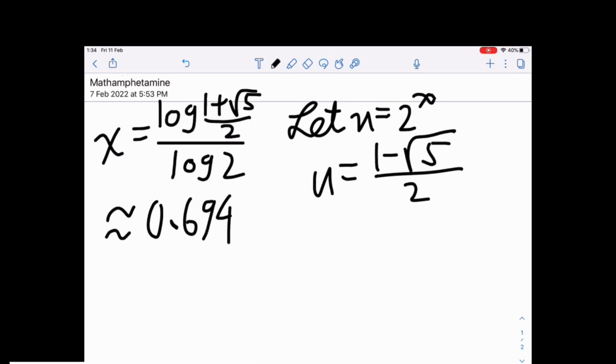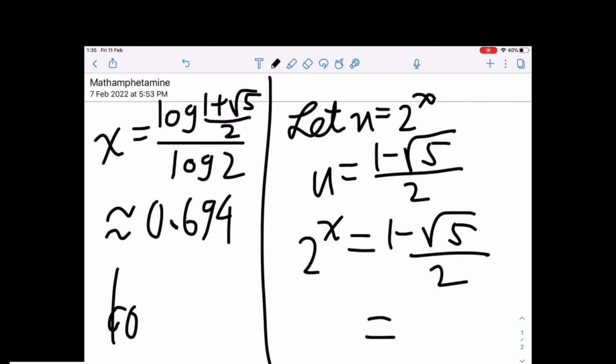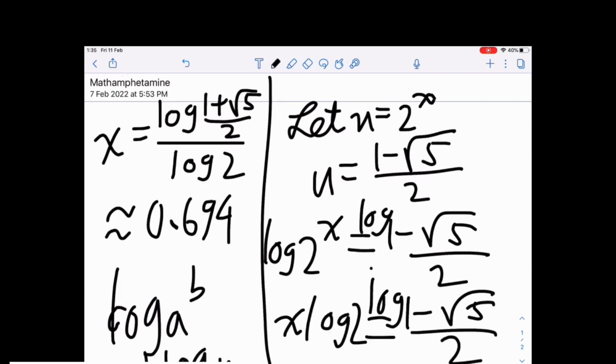And then we use a calculator, we get x is equal to 0.694. Now, the right-hand side: we get 2 to the power of x is equal to 1 minus square root of 5 divided by 2. Then start with thinking about 1 minus square root of 5.